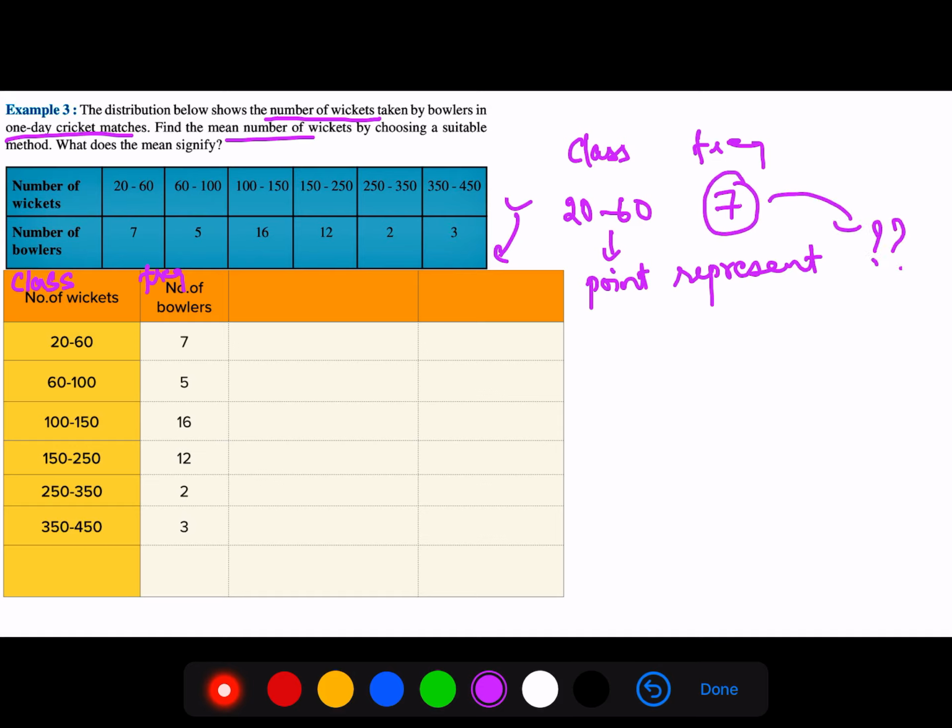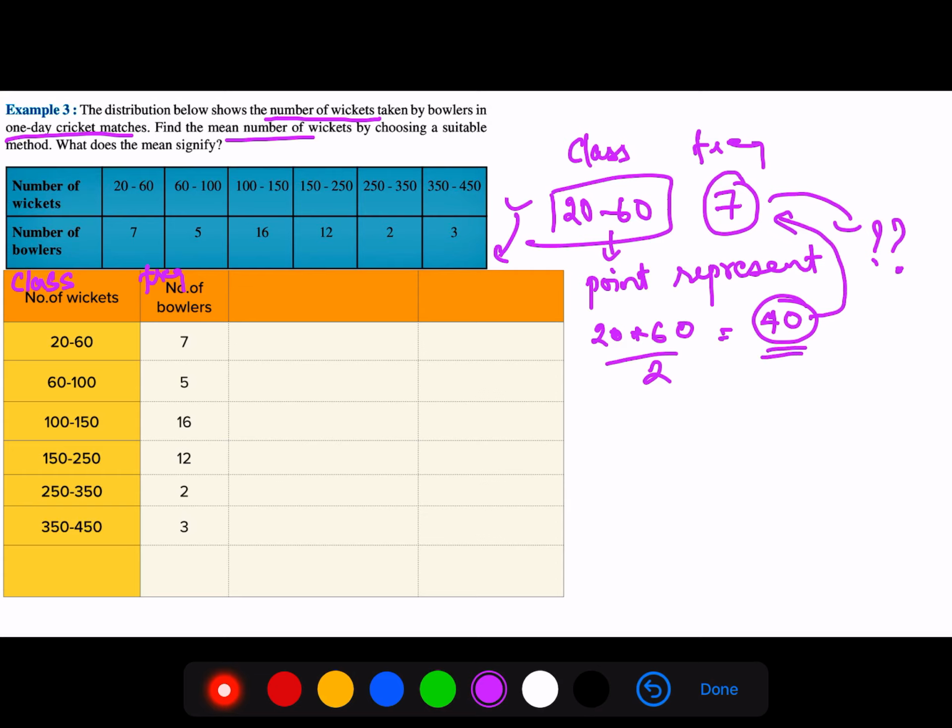What will that number be? You can pause the video and guess. The hint is that it has to be in between. The best guess would be the midpoint, 20 plus 60 divided by 2, which is 40. That's a very good guess. All these 7 points are represented by 40.